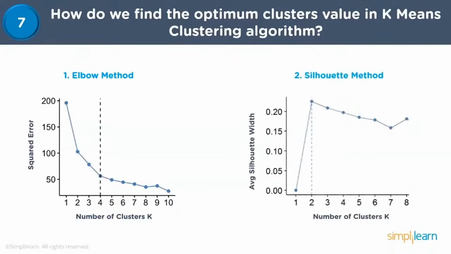The average silhouette method computes the average silhouette of observations for different values of k. The optimum number of clusters k is the one that maximizes the average silhouette over a range of possible values for k. The silhouette score reaches its global maximum at the optimal k. In our case, the average silhouette reaches maximum at k equal to 2, which you can see here. So our optimum cluster value will be 2 here.